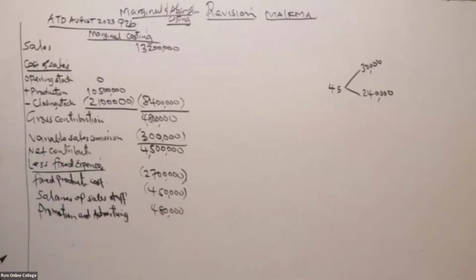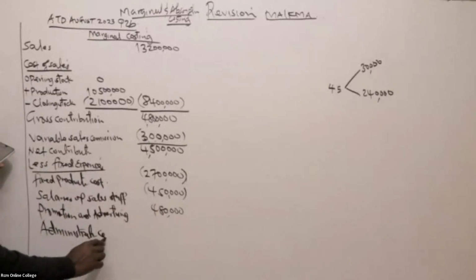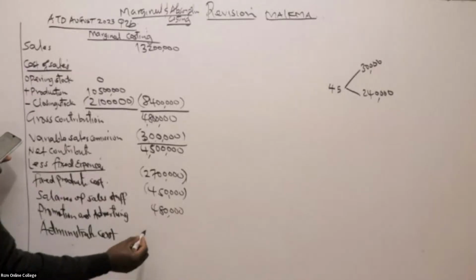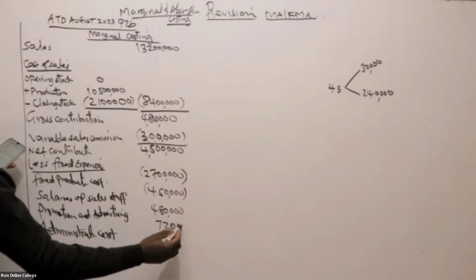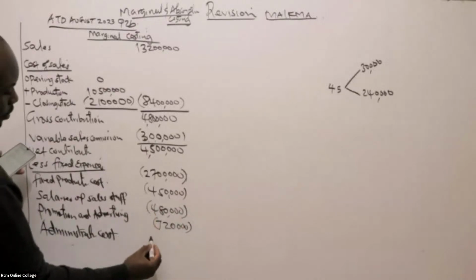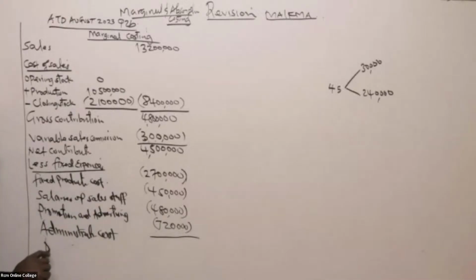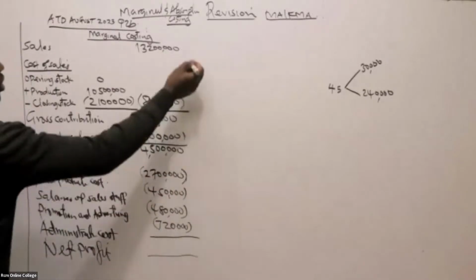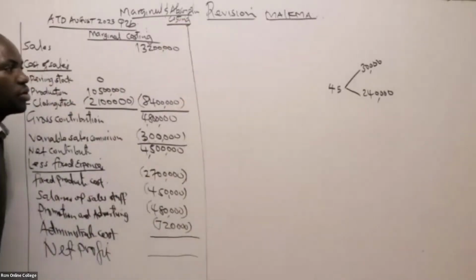Then of course we are having what we call administration costs of 720,000. When you now less all these expenses, what are you getting as the net profit as per marginal costing? What is your net profit as per marginal costing?